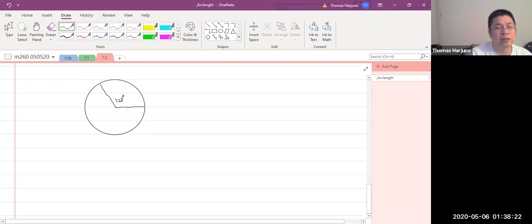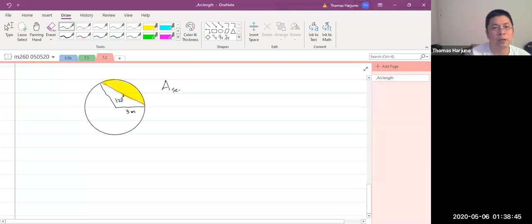The radius is 3 meters. Find the area of that segment.